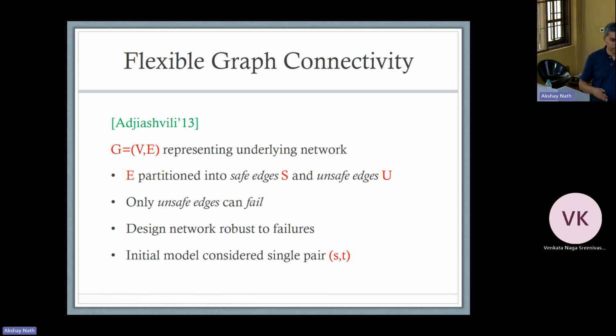There are some very good edges, maybe you have to pay more to buy them. But then there are other edges that are a little flaky. So we categorize the edges into safe and unsafe, right? And only unsafe edges can fail. And so now again, at a high level, the problem is the same. You want to design a network robust to the failing of unsafe edges, right?